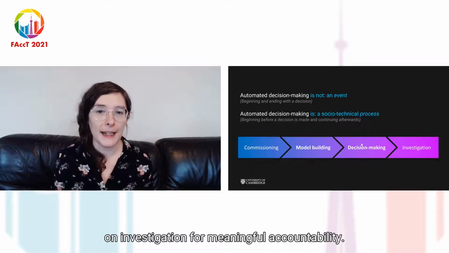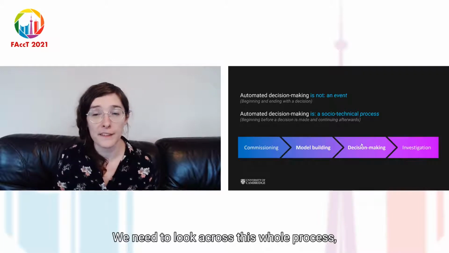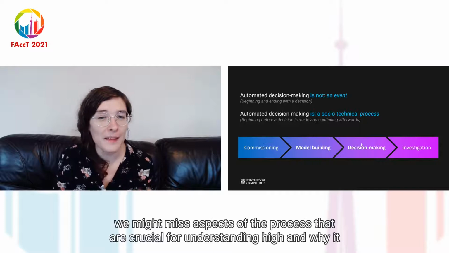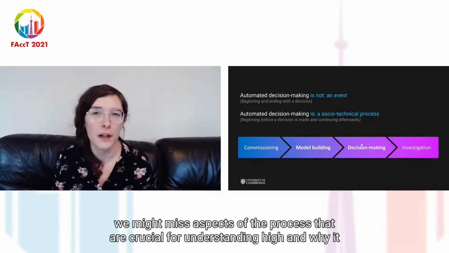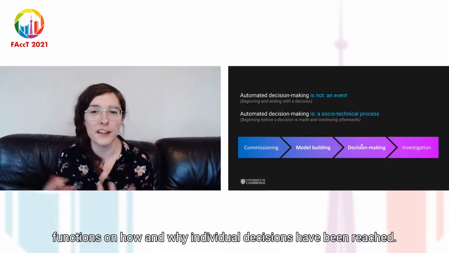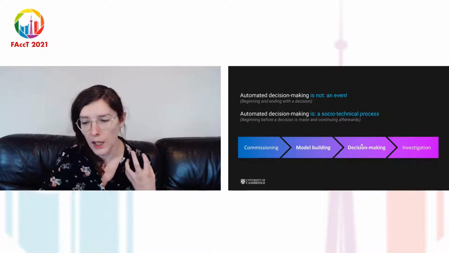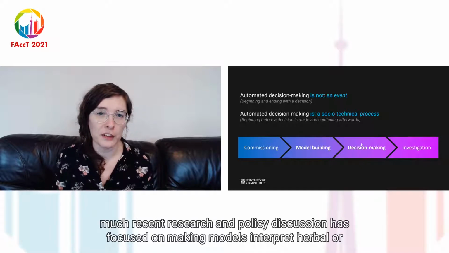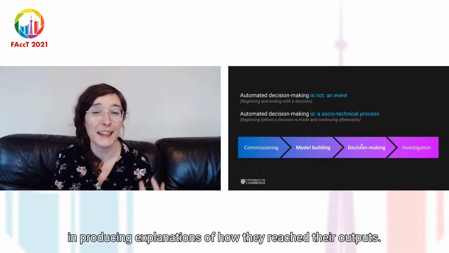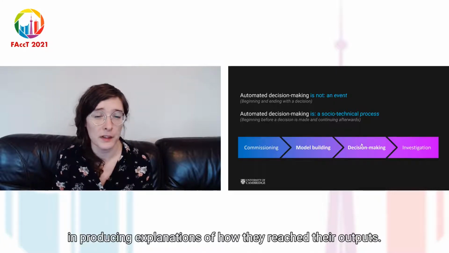For meaningful accountability, we need to look across this whole process, considering each of these stages. Otherwise, we might miss aspects of the process that are crucial for understanding how and why it functions, and how and why individual decisions have been reached. However, much recent research and policy discussion has focused on making models interpretable or on producing explanations of how they reach their outputs.